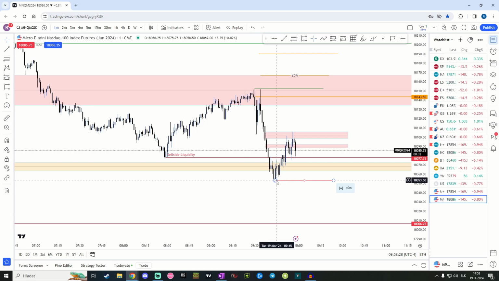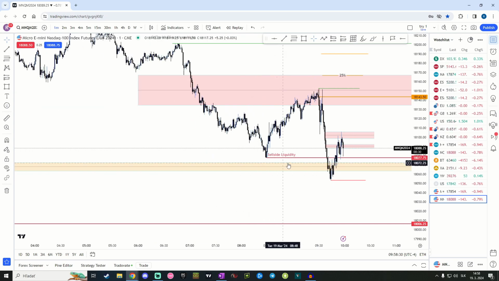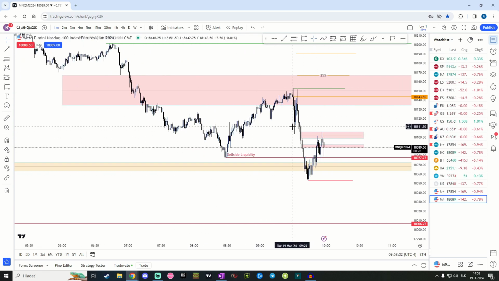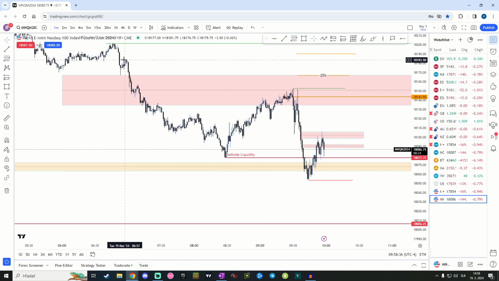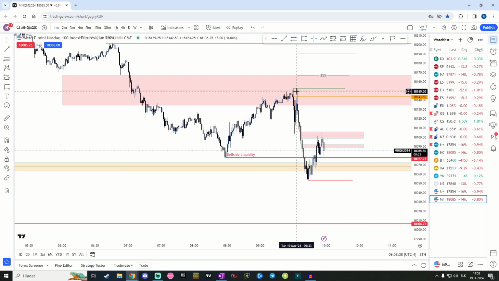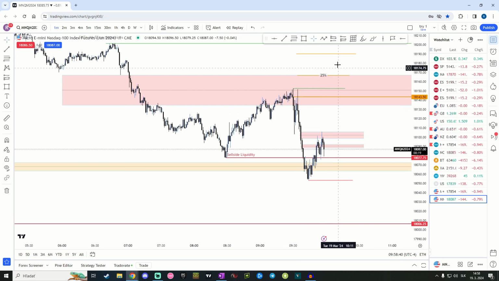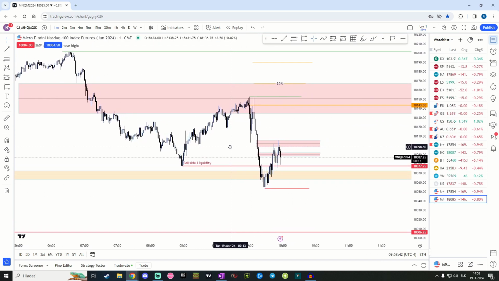I was looking for a long just because the major sell side liquidity was taken out. It's not like a high like this, sorry, a low like this. It's just a low that has been formed and then taken out, and then looking for the opposite direction.